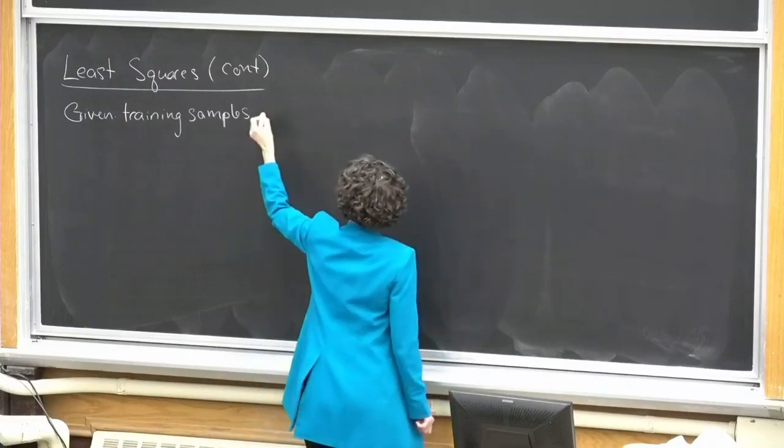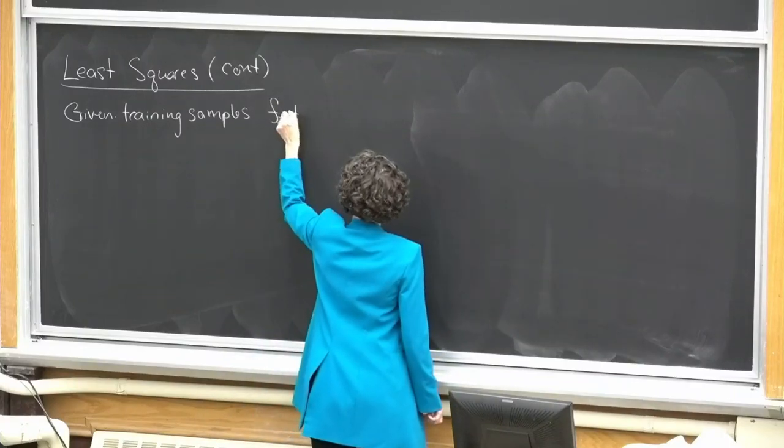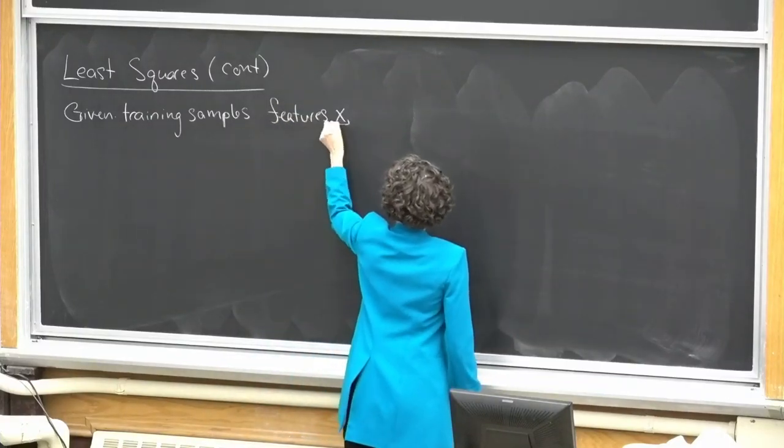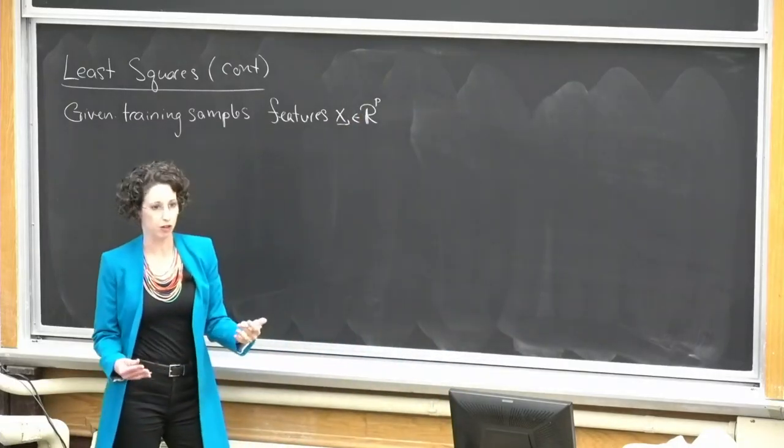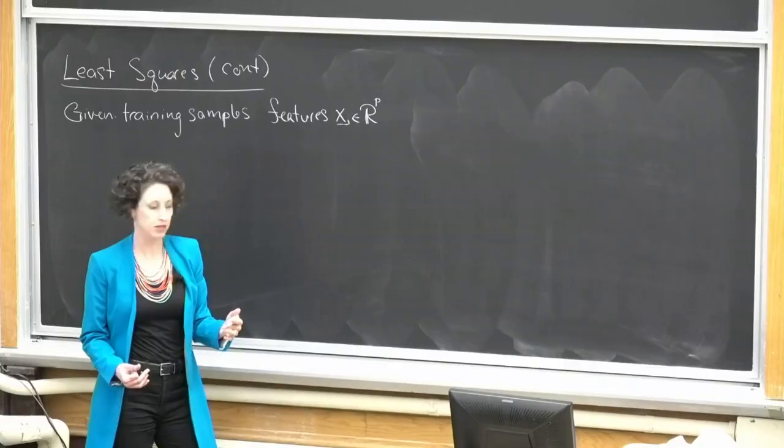So in particular, we have features xi, and we think about each of these as being a vector of real numbers with p different elements.